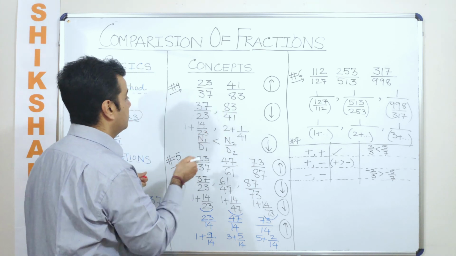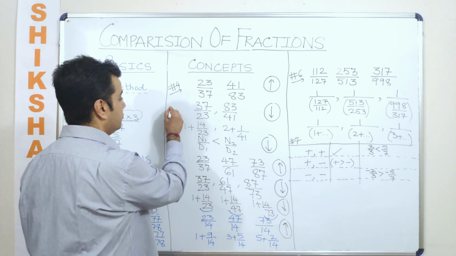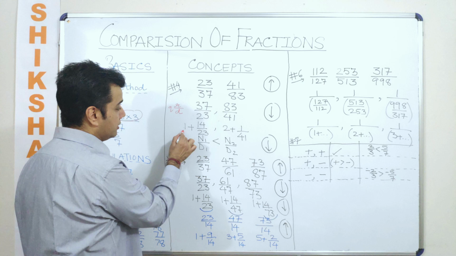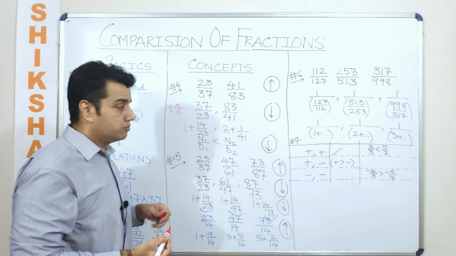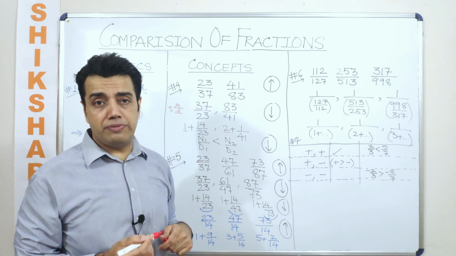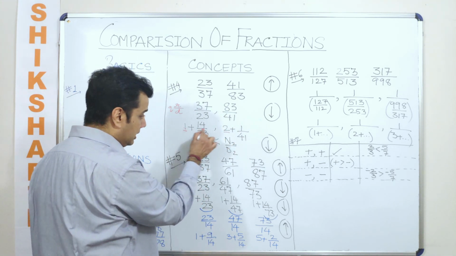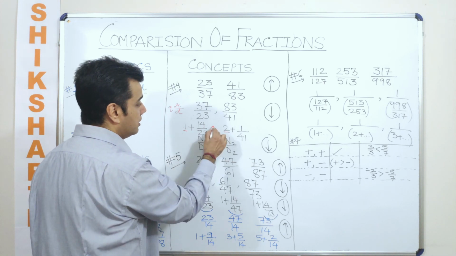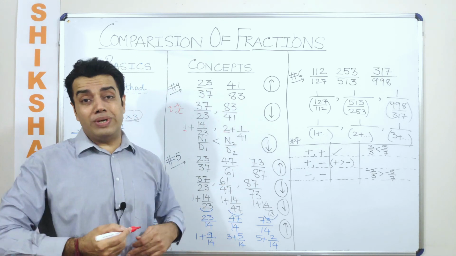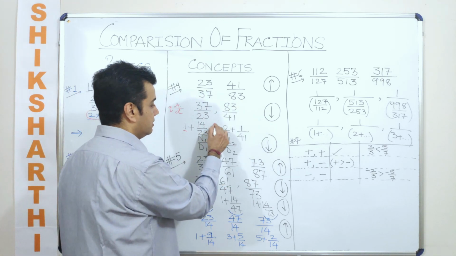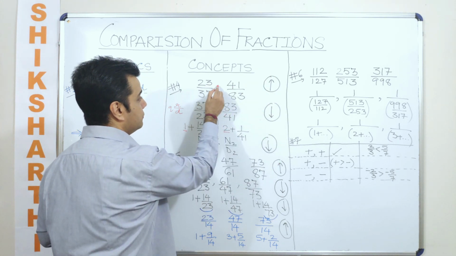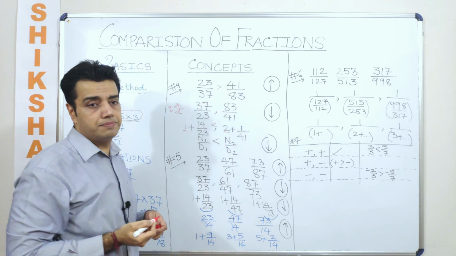If you recall, we had talked about an improper fraction being written in terms of quotient, and remainder upon the divisor. So in this case the quotient is 1, and in this case the quotient is 2, and then the remainder divided by the divisor. So the higher the quotient in a positive improper fraction, the greater would be the fraction. Between these two fractions, which one is greater? The fraction having the higher quotient, or the integer content, in it. But originally the sign of relationship was just the inverse. So can I say this fraction becomes greater than this? Of course.